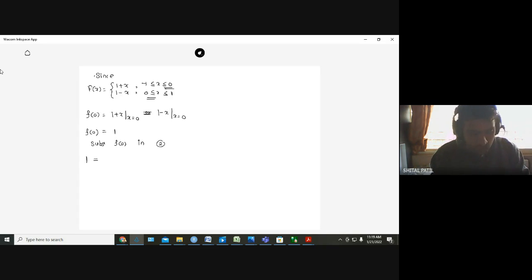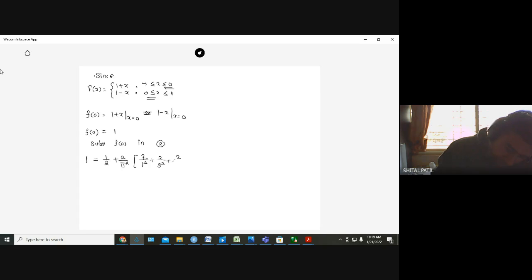One equal to f of 0, equal to half plus 2 by pi square, and then the required infinite series. I think 2 is there. Now the simple part: 1 minus half, 2 is taken outside.